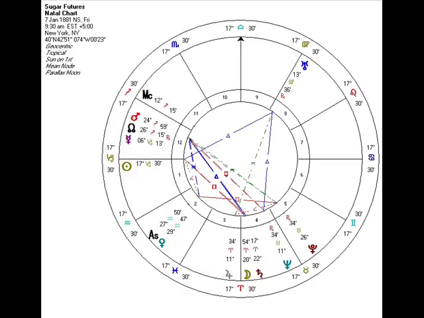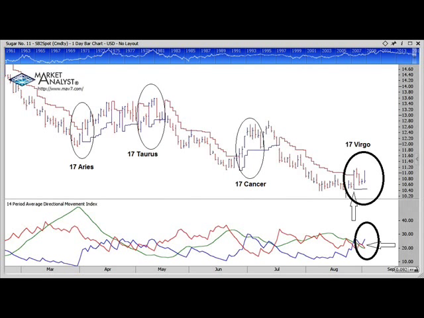Now, using our traditional McWhirter methodology, I have noticed that with sugar, anytime the transiting sun makes 0, 90, 120, or 180 degree aspects to that 17 of Capricorn natal sun position, there is a high potential for a change of trend.